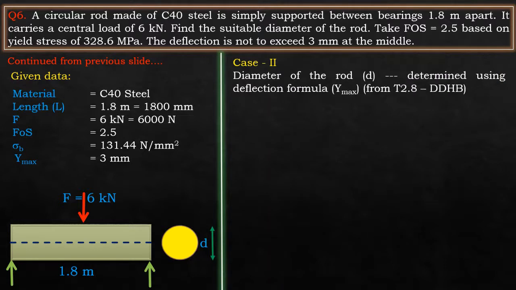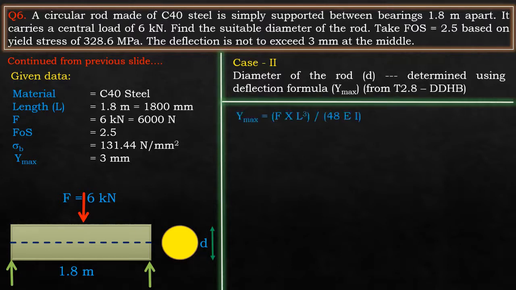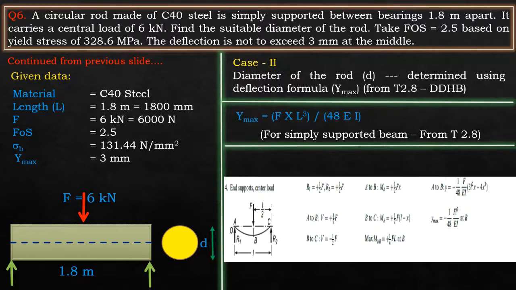Now we'll also determine the diameter of the rod by using the deflection equation Y maximum. From table number 2.8 in the design data handbook, the deflection equation for a simply supported beam is given by FL cube by 48 EI, where E is the Young's modulus and I is the moment of inertia.